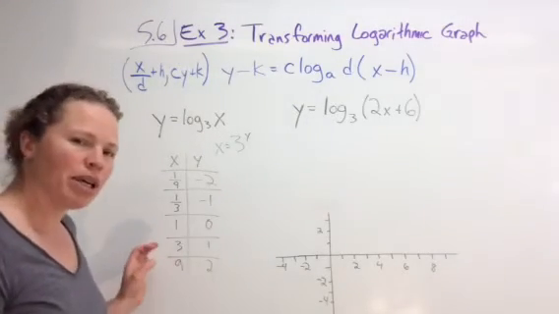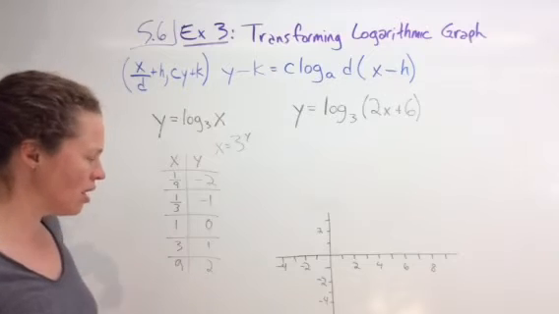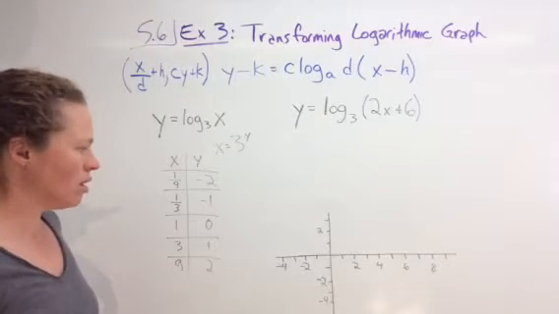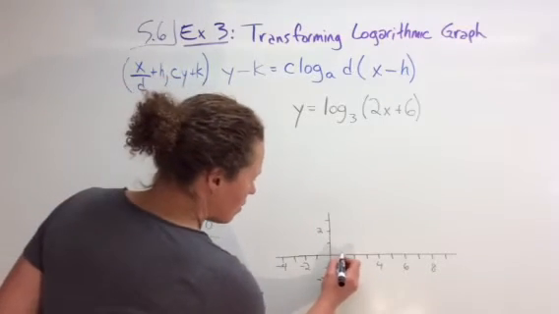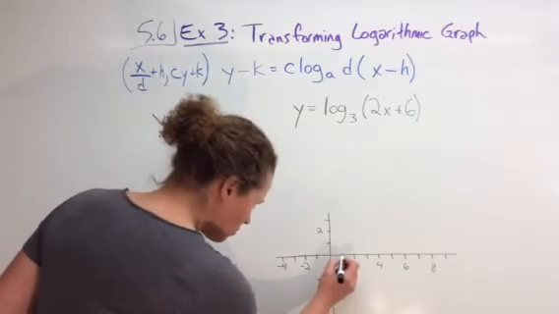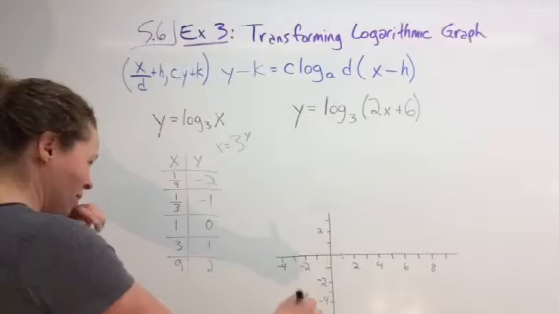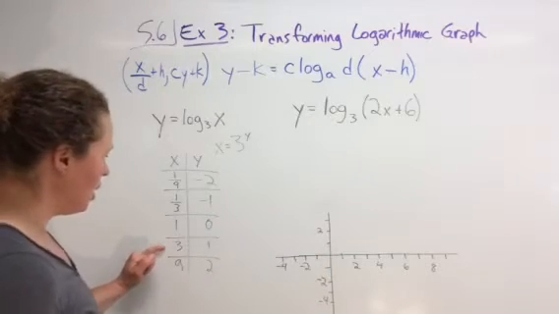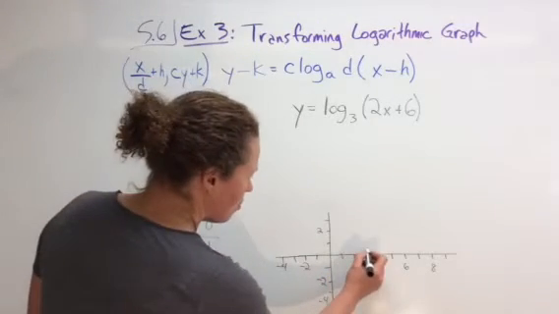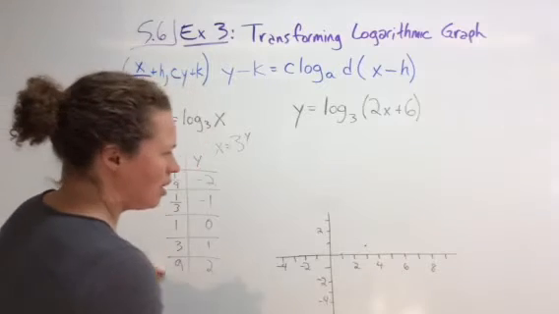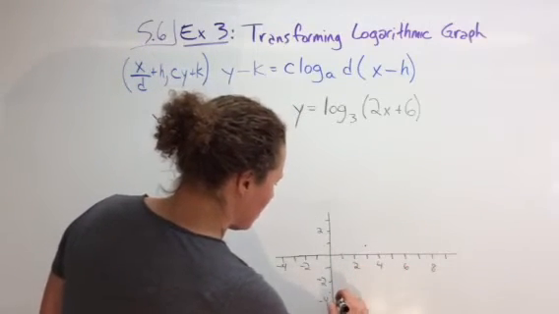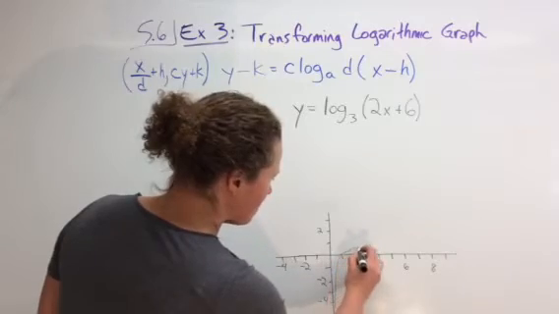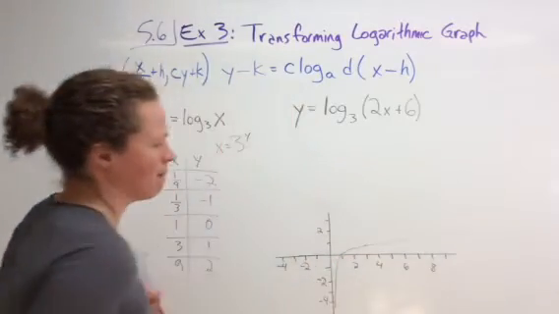This is going to be my base graph. And as you could see in the equation down below, I've got 1 and 0. So I've got my intercept there, and 3 and 1 would be here, and then 9 and 2 would be over here. So I've got my asymptote coming up here, comes through here, goes that way.